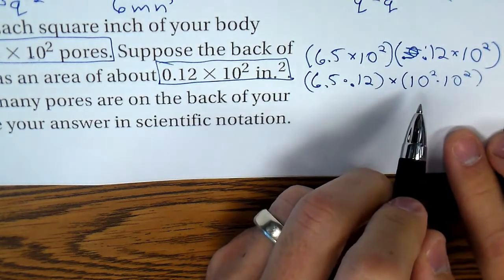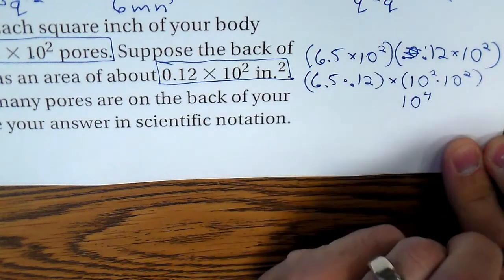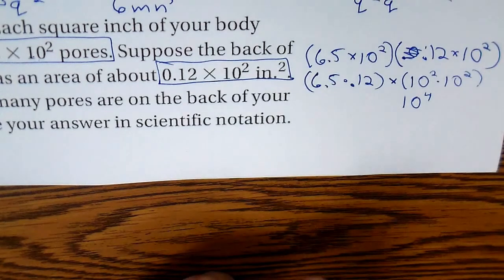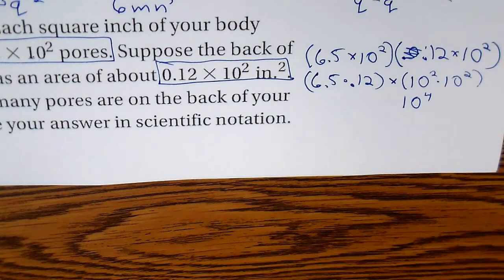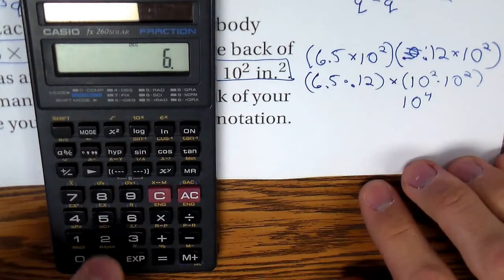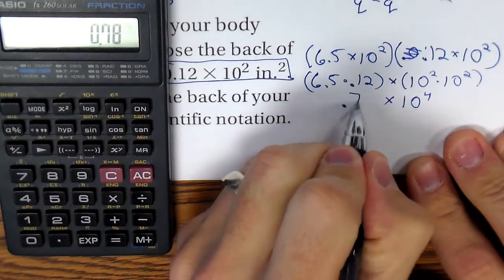Now the 10 squared times 10 squared is just going to be 10 to the fourth. And when I do 6.5 times 0.12, I get 0.78.